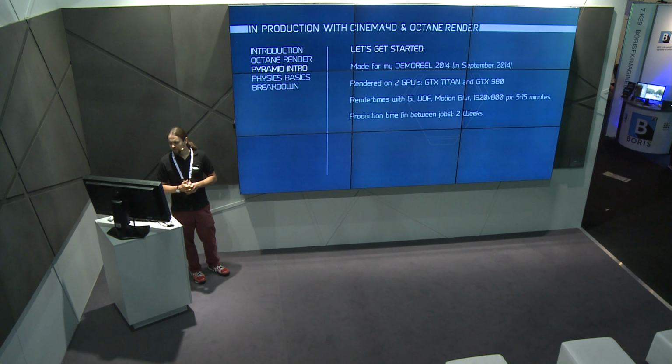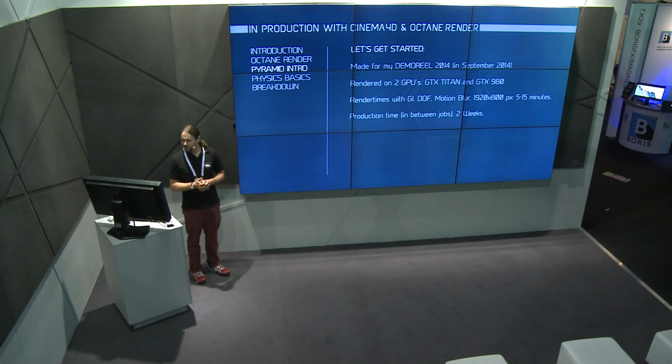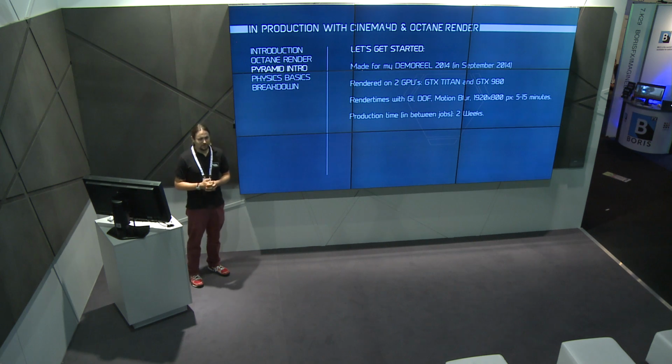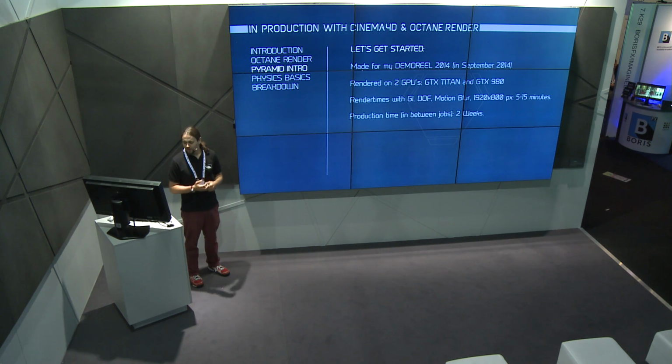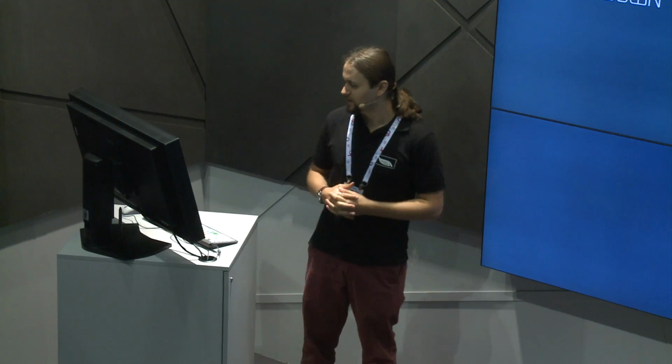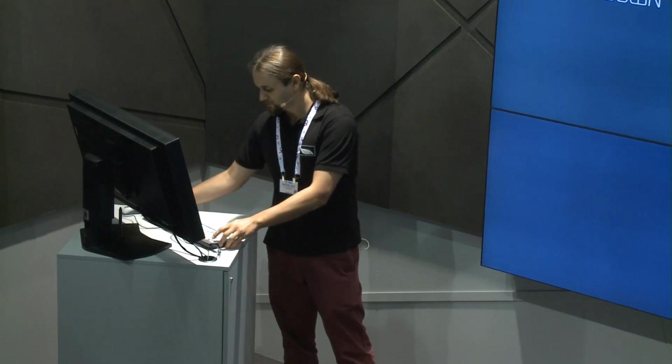I rendered with one GTX Titan and one GTX 980, and the rendering was done with full GI, depth of field, motion blur in full HD CinemaScope, and the render time ranged from 5 to 15 minutes, depending on the close-ups and how the shot was laid out. So production time was about 2 weeks. I did this between jobs, so I wasn't working fully on it all the time.